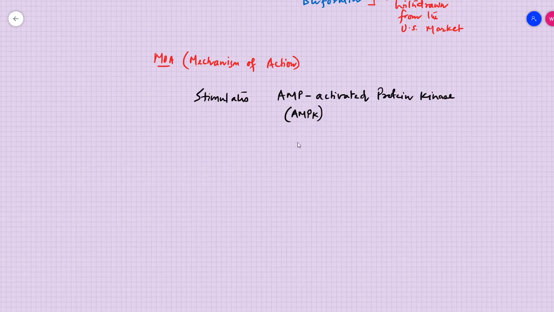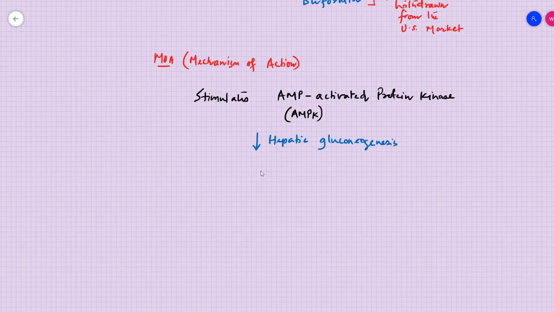And in doing so, what does it do? It stimulates this kinase and decreases hepatic gluconeogenesis.